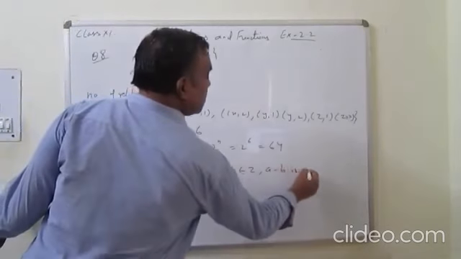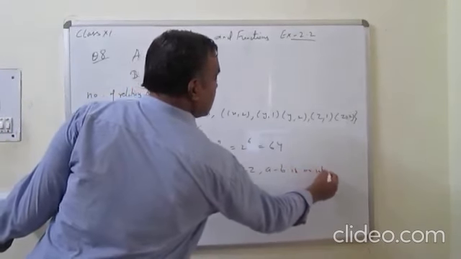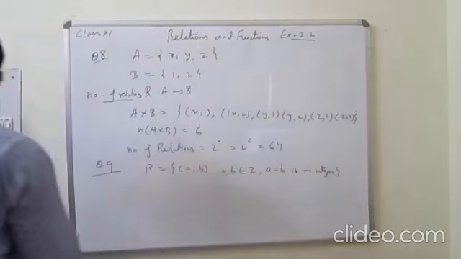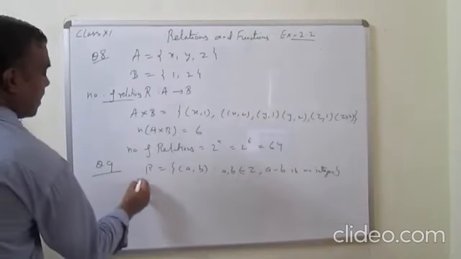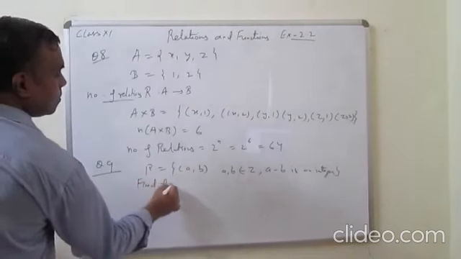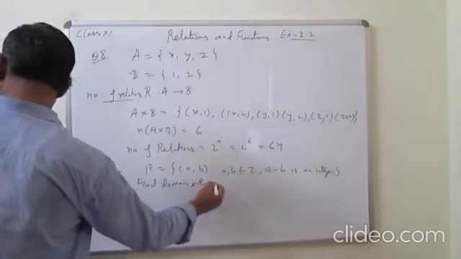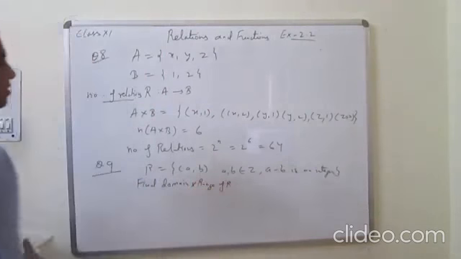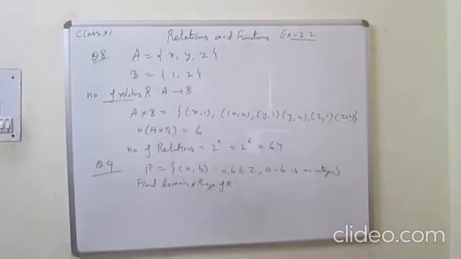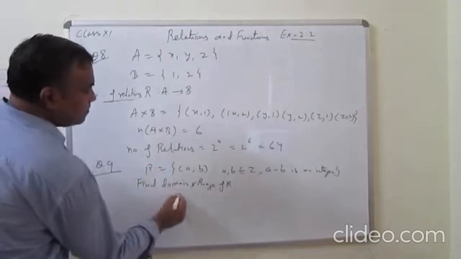It can be negative also, but a minus b is an integer. Find the domain and range of relation R.